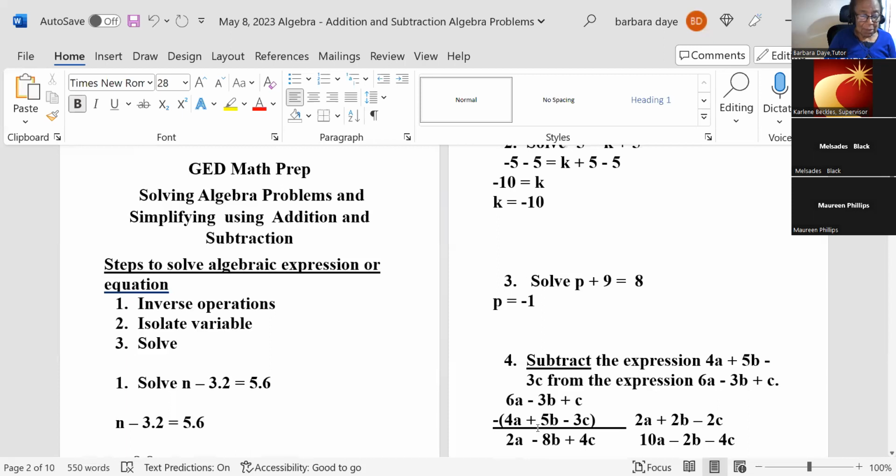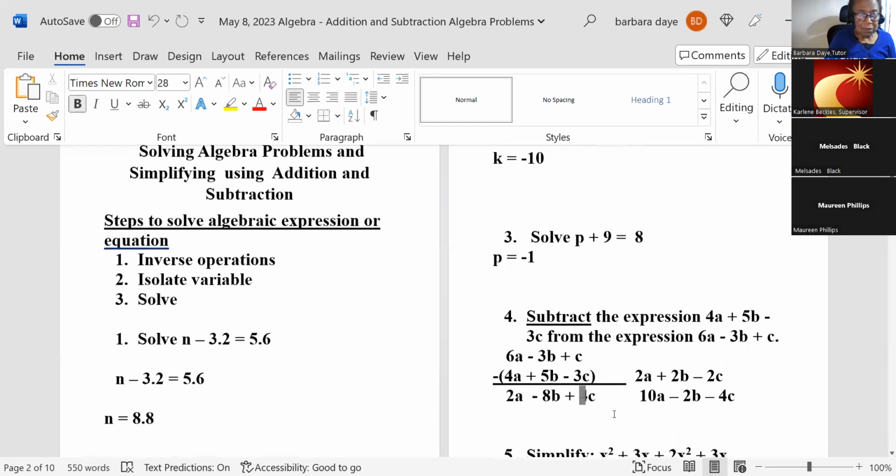The 5B becomes a negative. The minus 3C becomes a plus. Got it? Yep. So the 3 and the 1 gives you the 4C. Questions on the subtraction? No, thank you, miss. I think I have maybe another one.